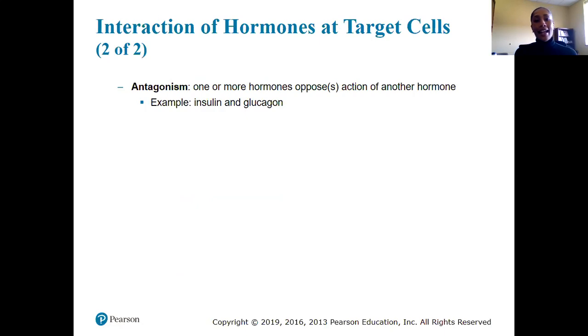And lastly, antagonism is going to occur when one or more hormones oppose the actions of another. So for instance, I like to think of the parathyroid hormone and calcitonin. Calcitonin is going to cause the body to decrease blood calcium levels, but the parathyroid hormone will cause the body to increase blood calcium levels.